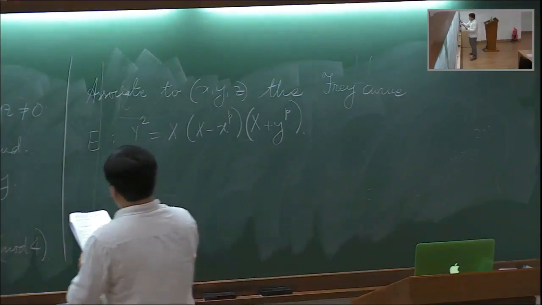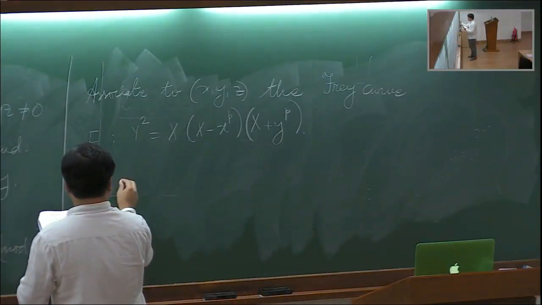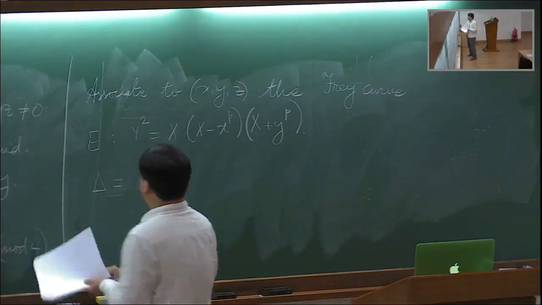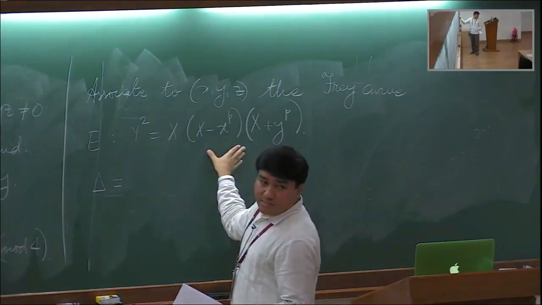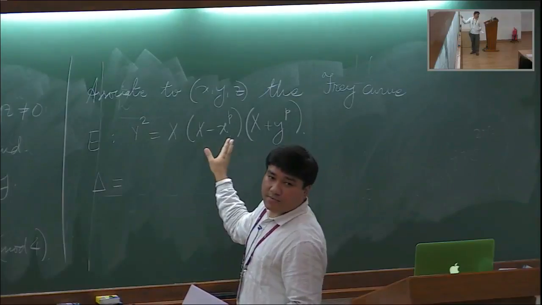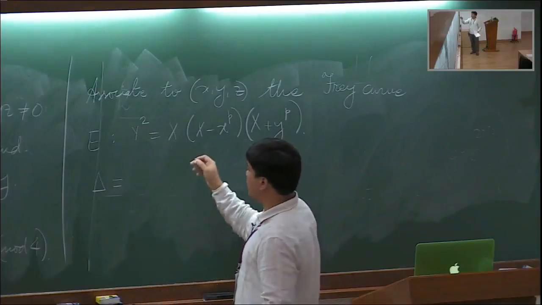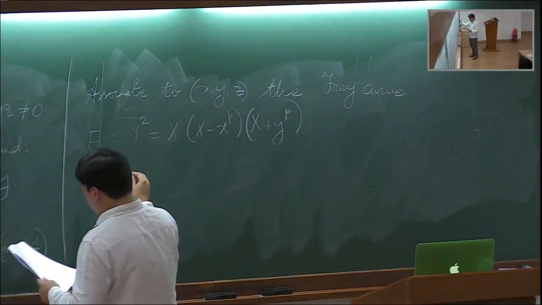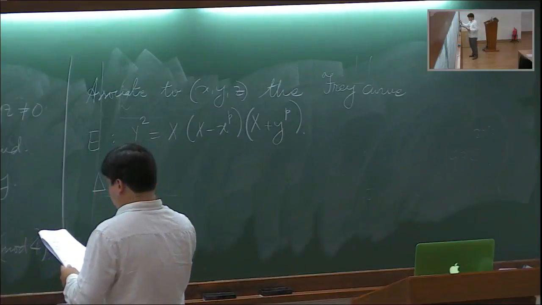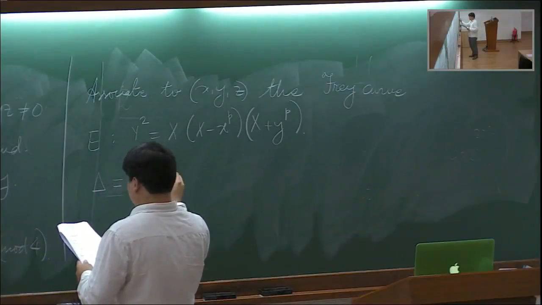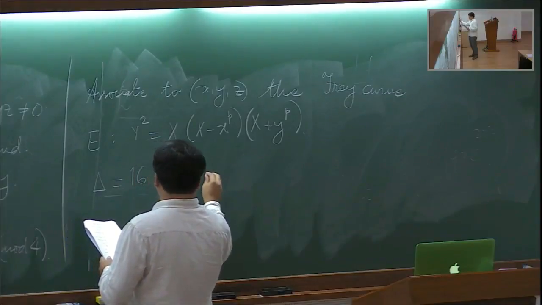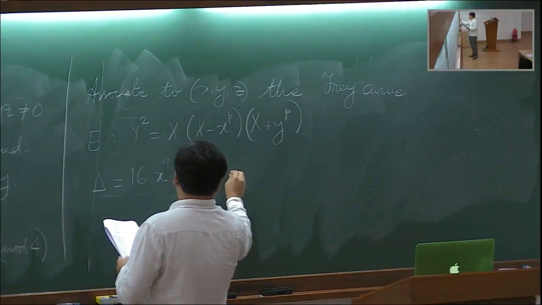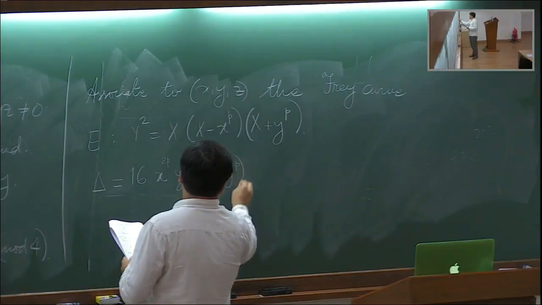Then I compute the discriminant. So the discriminant of the elliptic curve is nothing but the discriminant of the cubic on this side times 16, right? Always remember that. You should not forget the 16, otherwise you run into problems. So 16 times x to the 2p, y to the 2p, x to the p plus y to the p whole square, right?